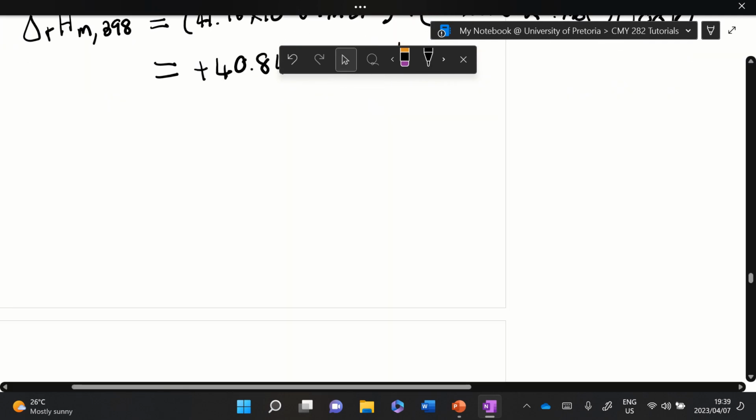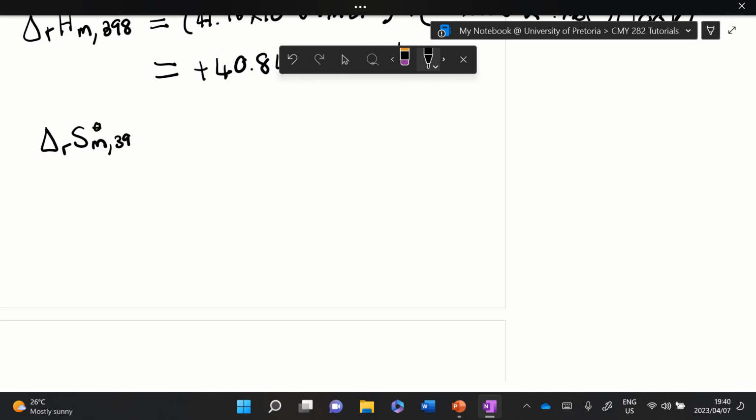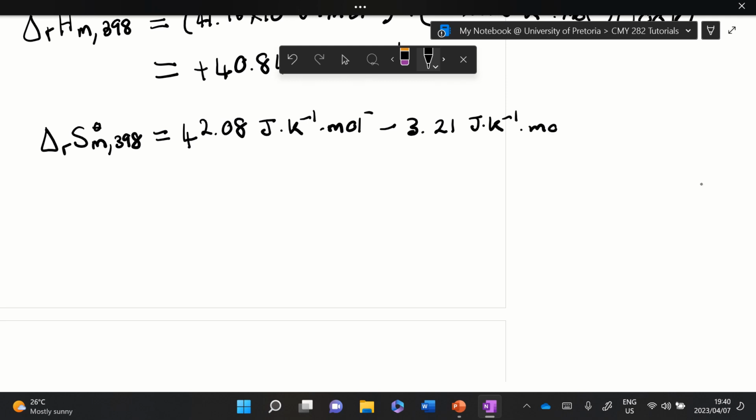Okay, and ΔᵣSm at 398 is equal to the value at 298, which was 42.08 joule per Kelvin per mole, minus the 3.21 joule per Kelvin per mole, times the ln of 398 Kelvin divided by 298 Kelvin.